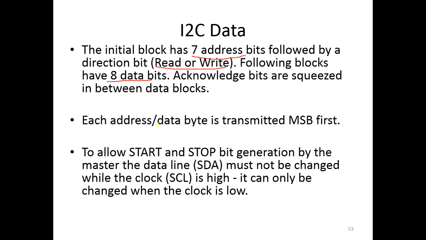Each address and data byte is transmitted MSB first. To allow the start and the stop condition generation by the master, the data line must not be changed while the clock is high. It can only be changed when the clock is low.